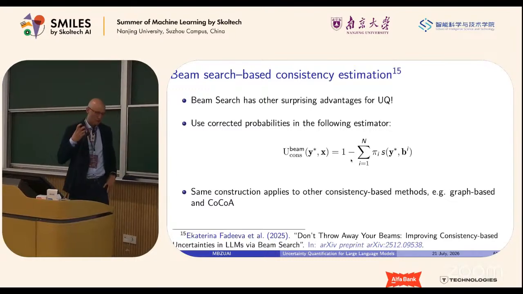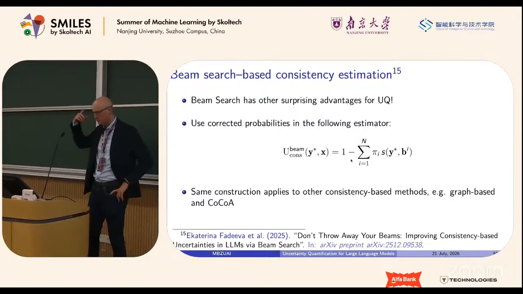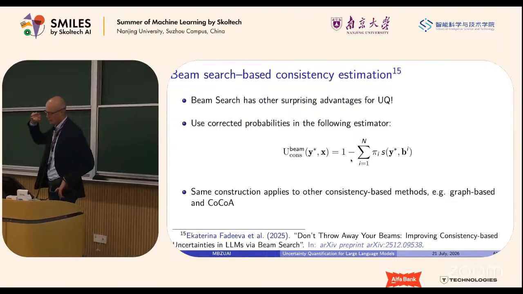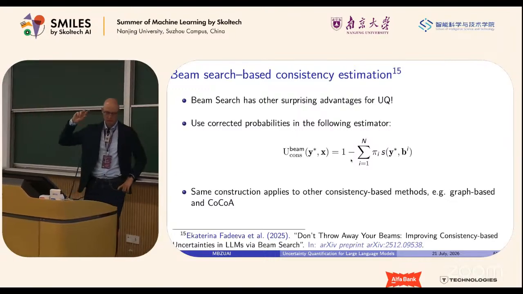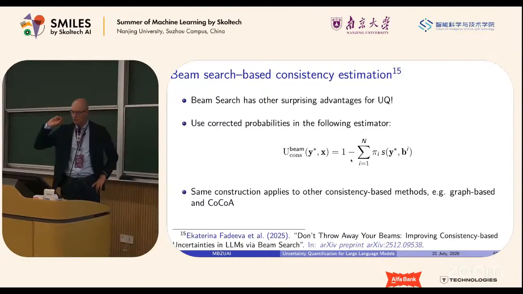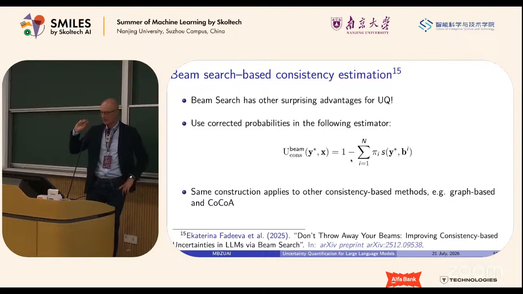Applying it on top of COCOA, where you sample multiple generations and multiply the consistency score with the uncertainty score for the particular shown generation, beam search helps you improve that a little bit.